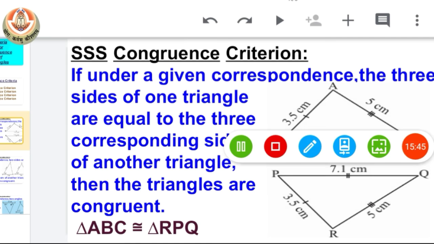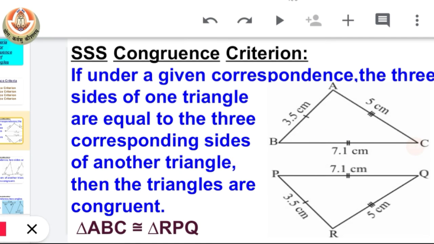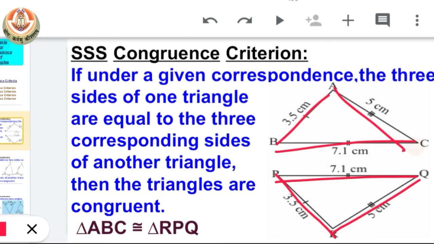If under any given correspondence, all the three sides of one triangle are equal to the three sides of another triangle, then we can say that these triangles are congruent under SSS criteria.